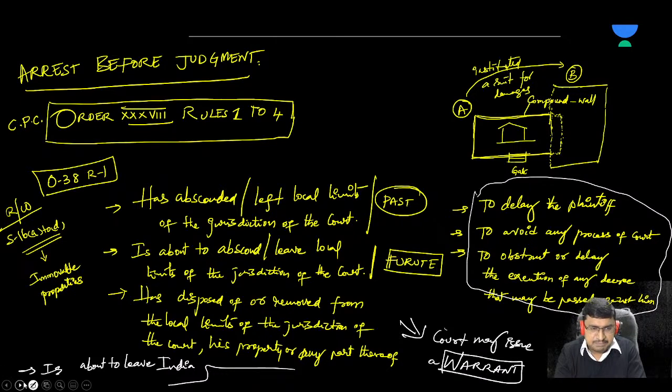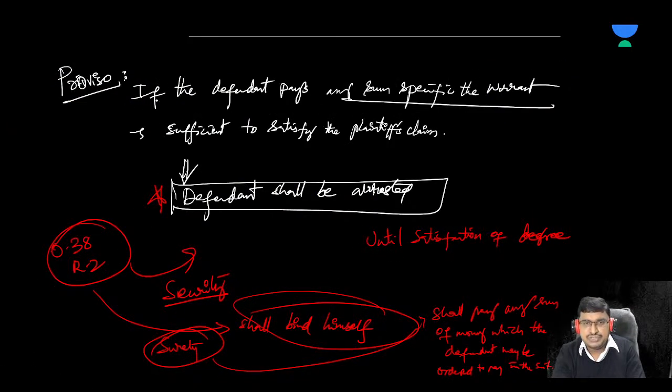The next step is that there is a provision, friends. If the defendant pays the sum specified in the warrant and that sum is sufficient to satisfy the plaintiff's claim, then the defendant shall not be arrested. There is an option, friends.